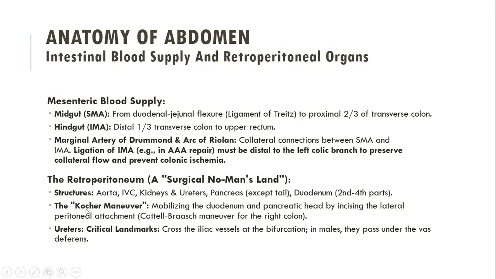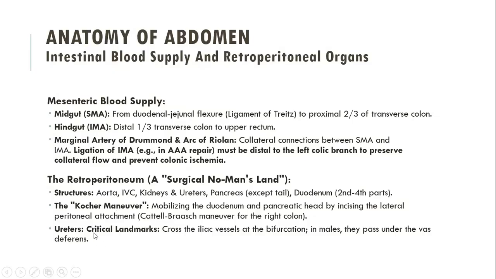Due to that, the Kocher maneuver mobilizes the duodenum and pancreatic head by incising the lateral peritoneal attachment. You also do the Cattell-Braasch maneuver for the right colon. So this Kocher maneuver basically identifies the retroperitoneal structures.